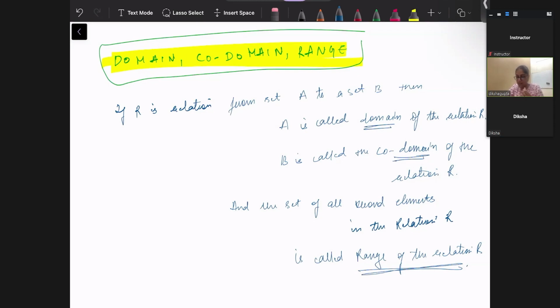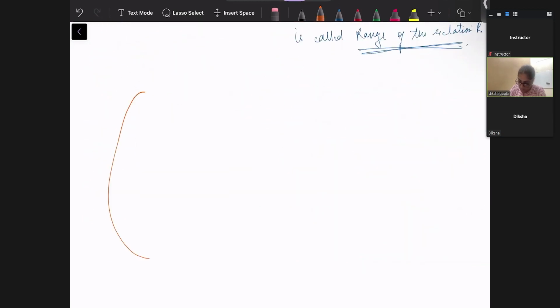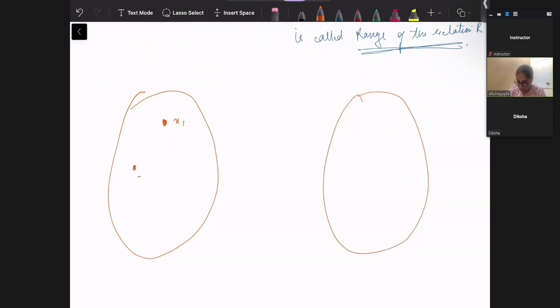What this is saying is, if R is a relation, it has some elements, say x1, x2, x3, and x4 in set A, and y1, y2, y3, y4, y5 in set B. In the Cartesian product we have all the ordered pairs, but a relation is only a subset.